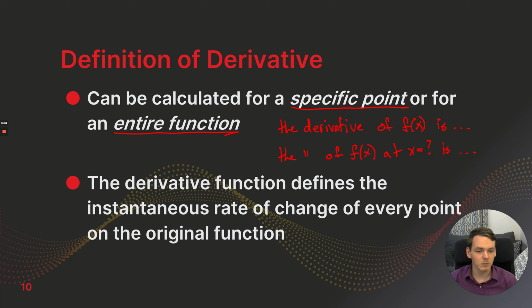Both of those are acceptable. That's why it is important that you're careful about using your language properly. You say the derivative of f of x is blank, or the derivative of f of x at x equals, say, 2 is blank.